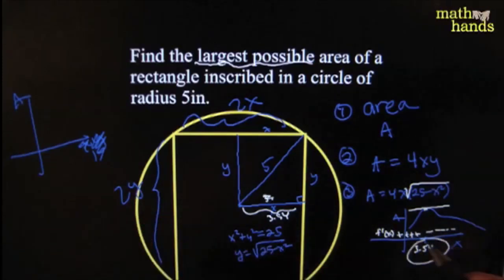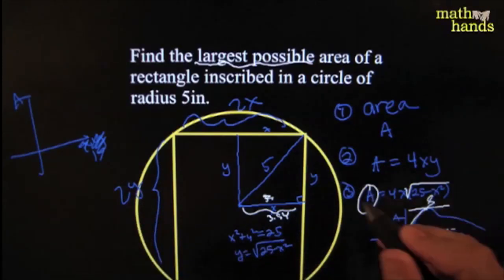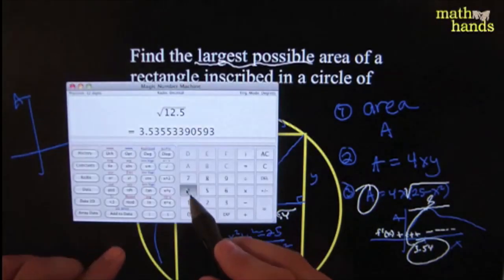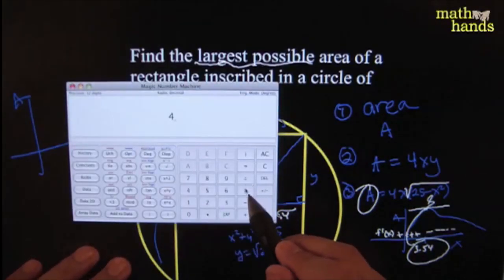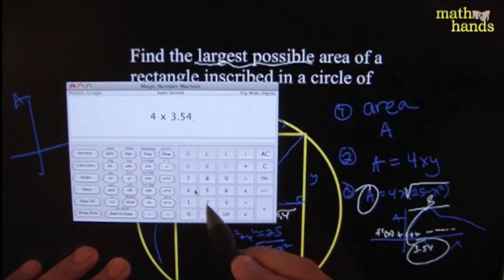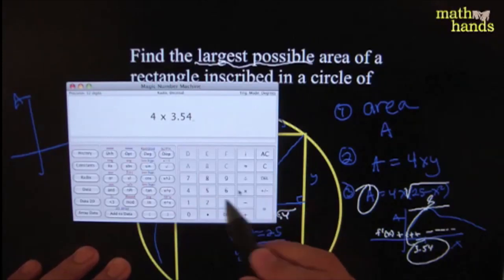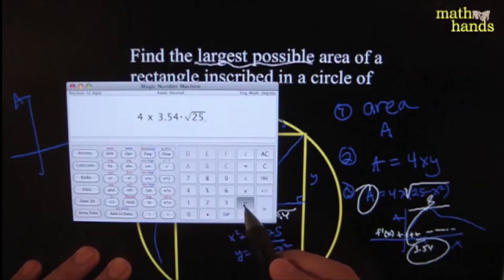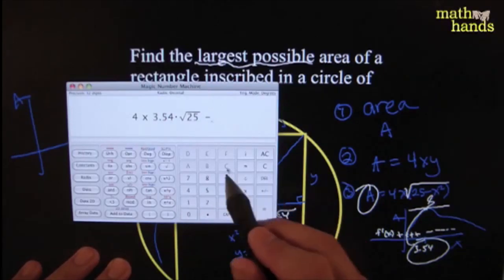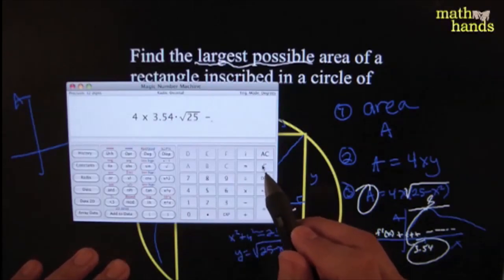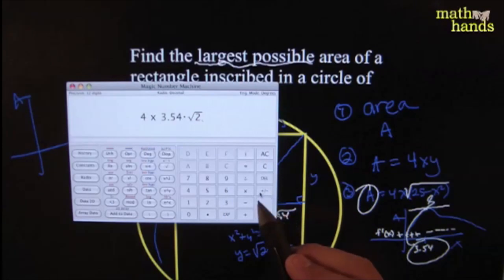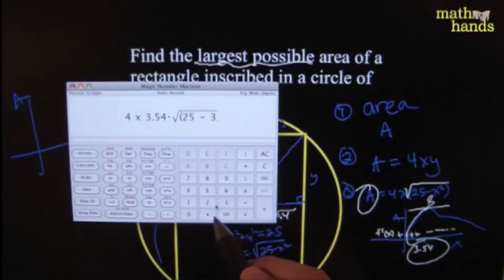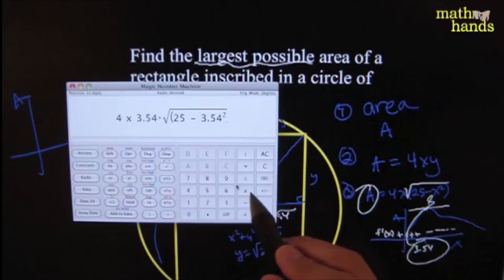You take this 3.54 and you can plug it into this x and get exactly what the maximum area is. It would be 4 times 3.54 times the square root of 25 minus 3.54 squared.